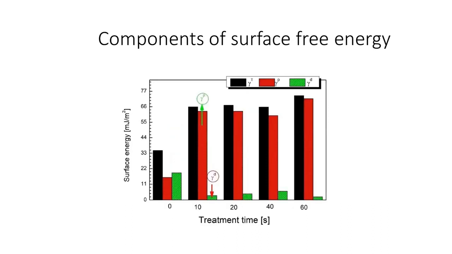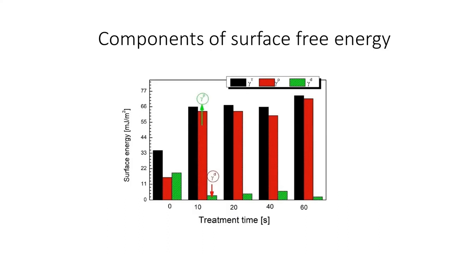Now the next slide shows the variations of surface free energy with treatment time for the PET sample. Here the surface energy of untreated PET was found to be 34.9 millijoule per square meter.